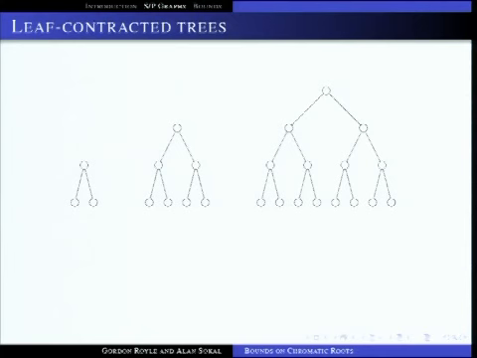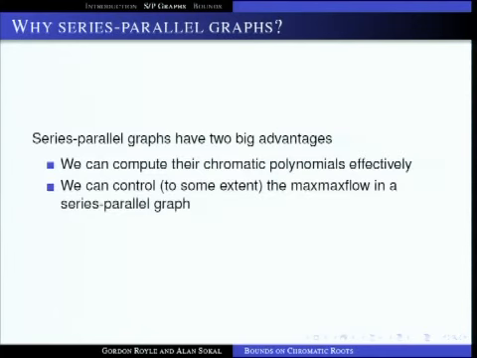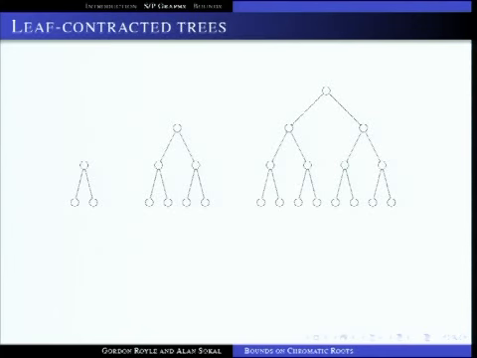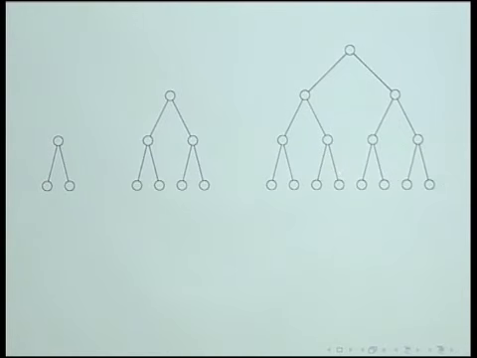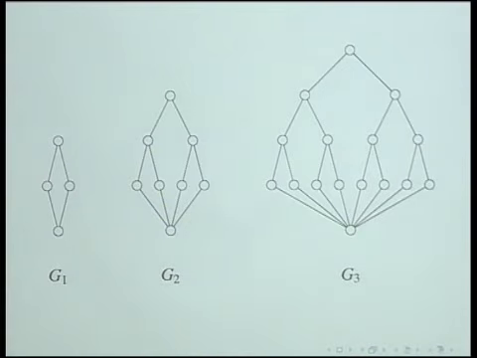Okay, let's look at a family of series parallel graphs. Leaf contracted trees. Take a binary tree. Here's one of height 1, here's one of height 2, and here's one of height 3, and you can imagine taking ones of any height. Now add a single vertex adjacent to all of the leaves, or if you like, think of it as one extra height, with all of the leaves contracted into a single vertex.